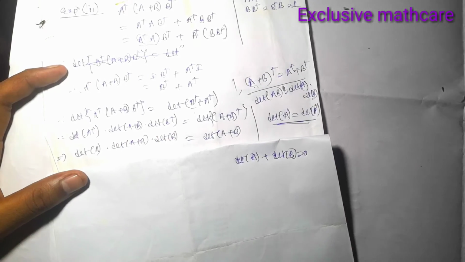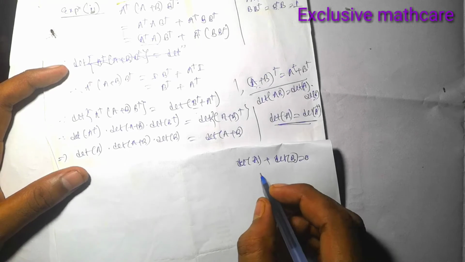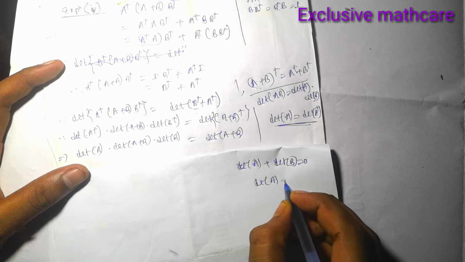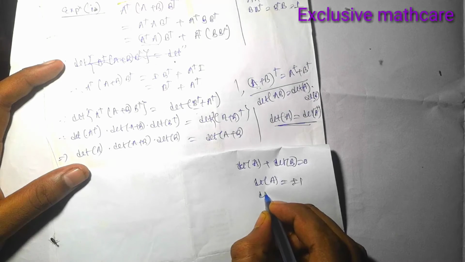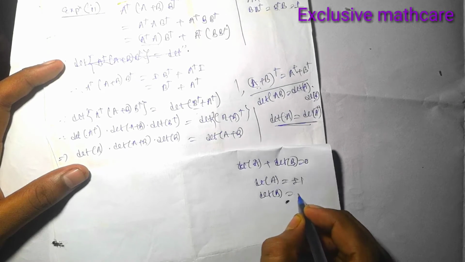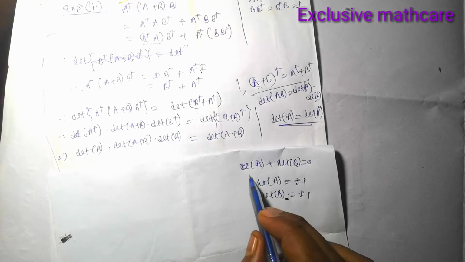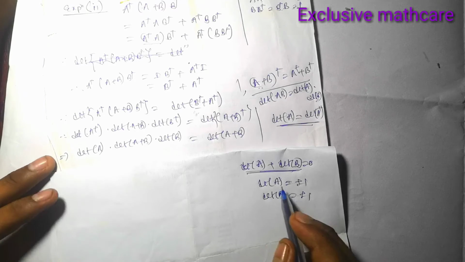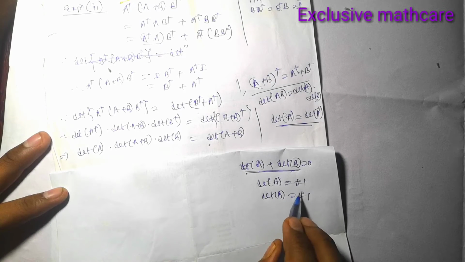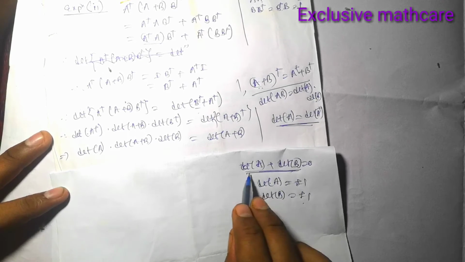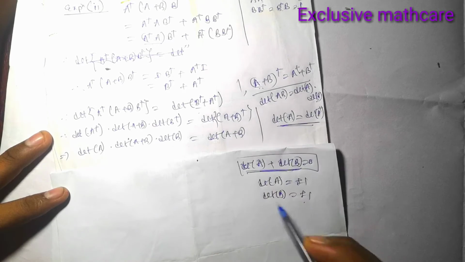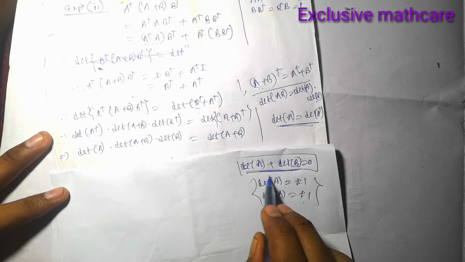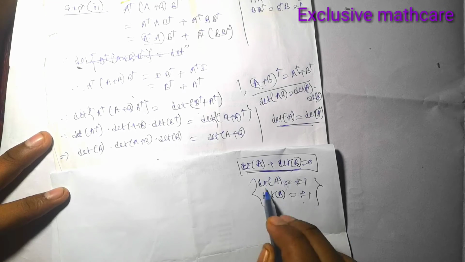As A and B are both orthogonal matrices, they have determinant det of A equal to plus or minus 1 and det of B equal to plus or minus 1. The sum will be 0 if one is 1 and the other is negative 1, then the sum will be 0. This determinant we get from the orthogonal property.